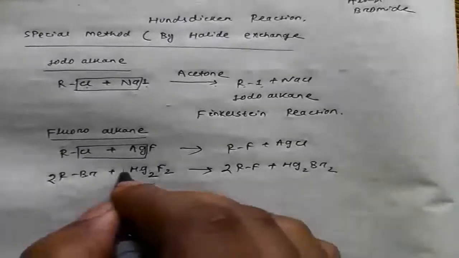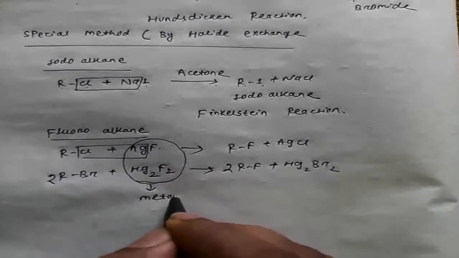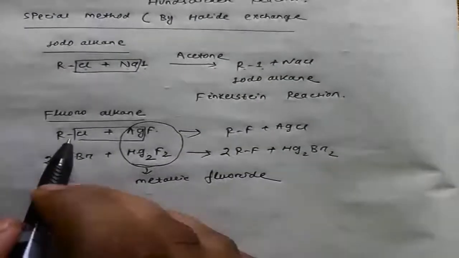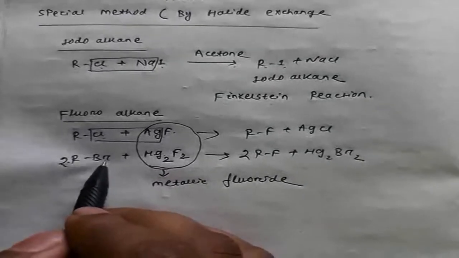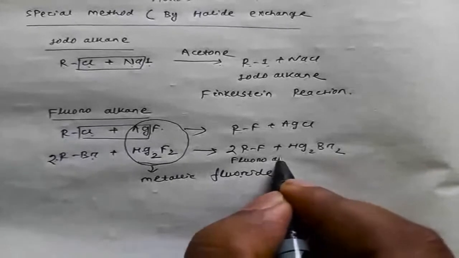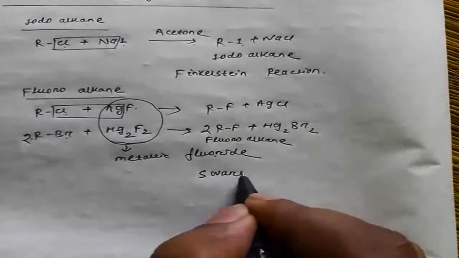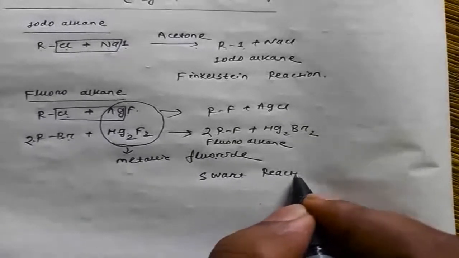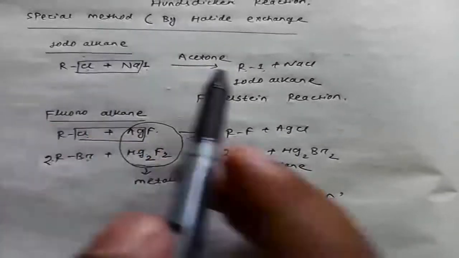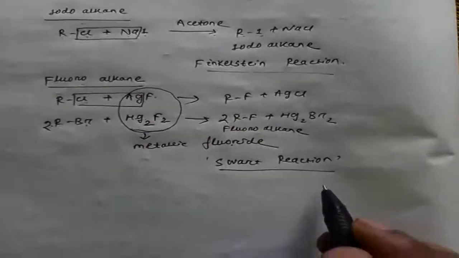Any metallic fluoride can be used. So the theory is alkyl chloride or alkyl bromide reacts with metallic fluoride to give fluoroalkane. This reaction is called Swarts reaction. Preparation of iodoalkane is called the Finkelstein reaction. Preparation of fluoroalkane is called the Swarts reaction.